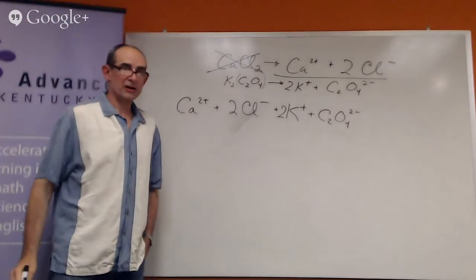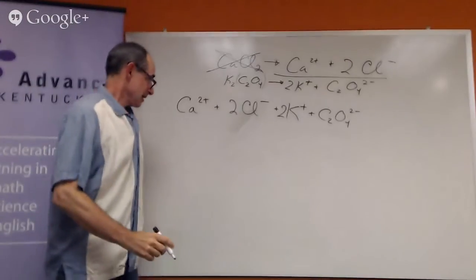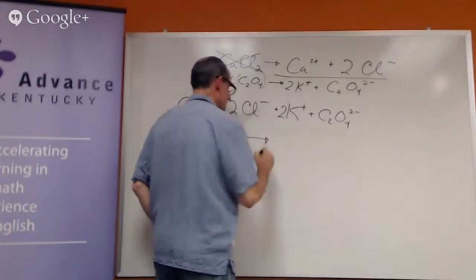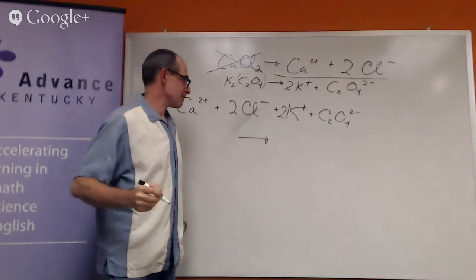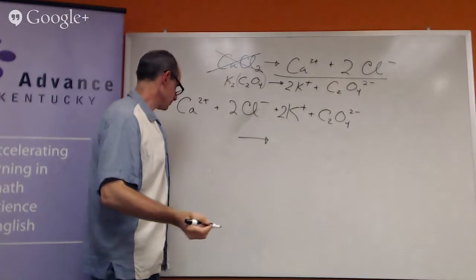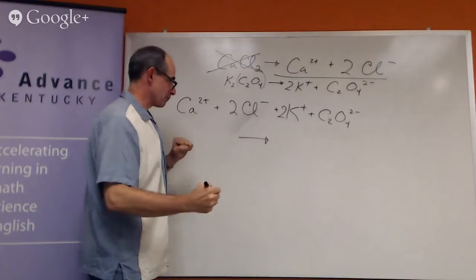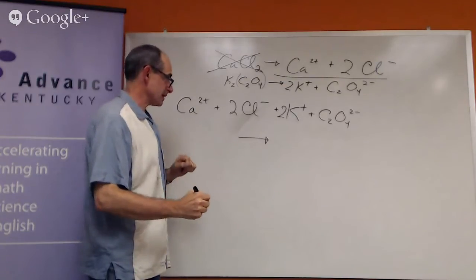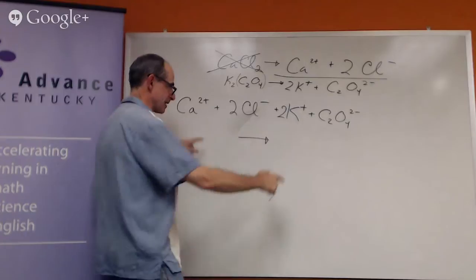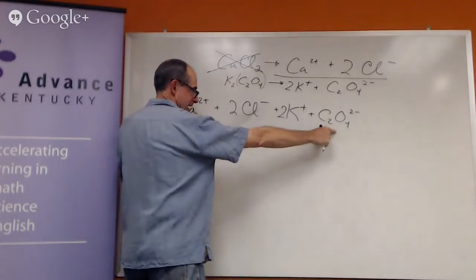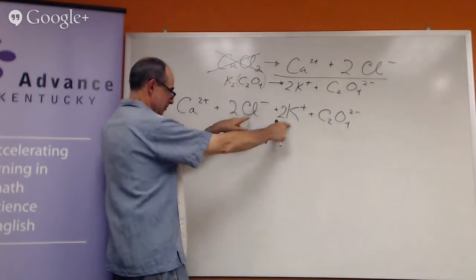Those are potential reactants. They will form a precipitate. And in a precipitation reaction, one positive ion and one negative ion will combine to form an insoluble precipitate. So we have two new combinations. We have calcium ions and oxalate ions, or potassium ions and chloride ions.